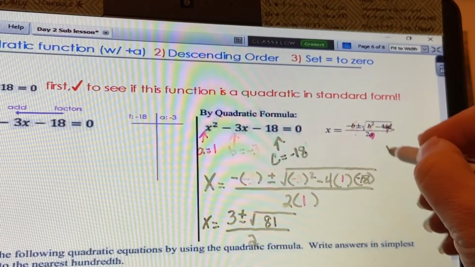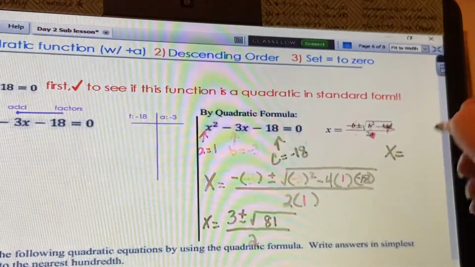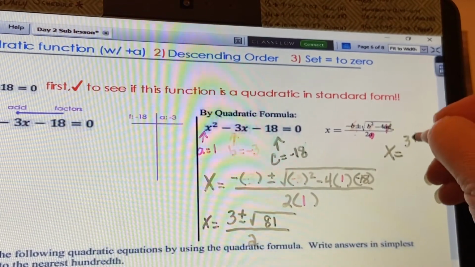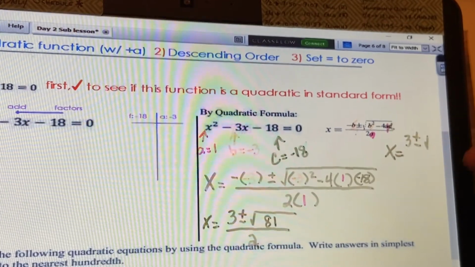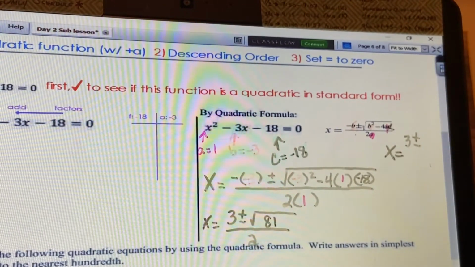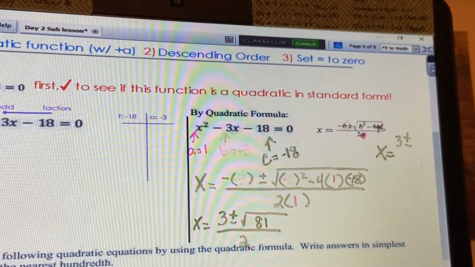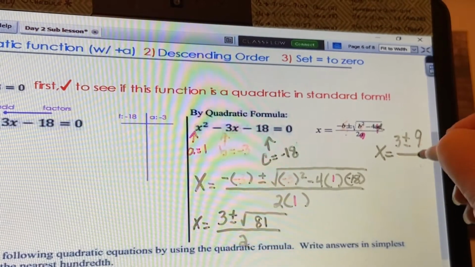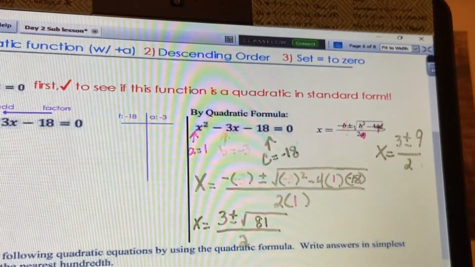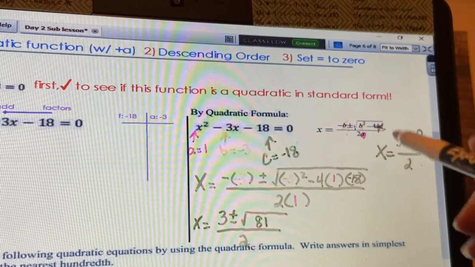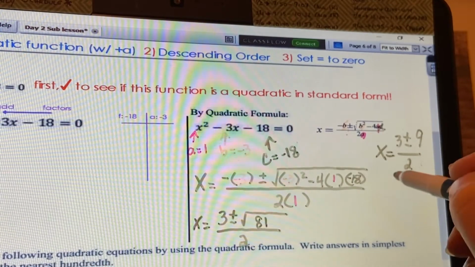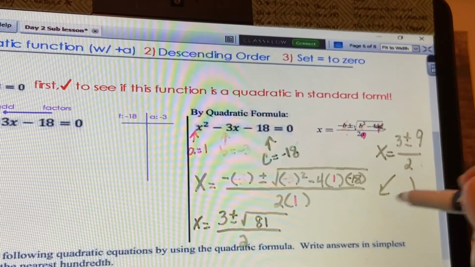So we're going to say x equals the 3 that's out there plus minus the square root. Oops, sorry, no square root left over because it was a perfect square. So 9 all over 2. I'm going to do this math up here. Remember, you have 2 problems now.